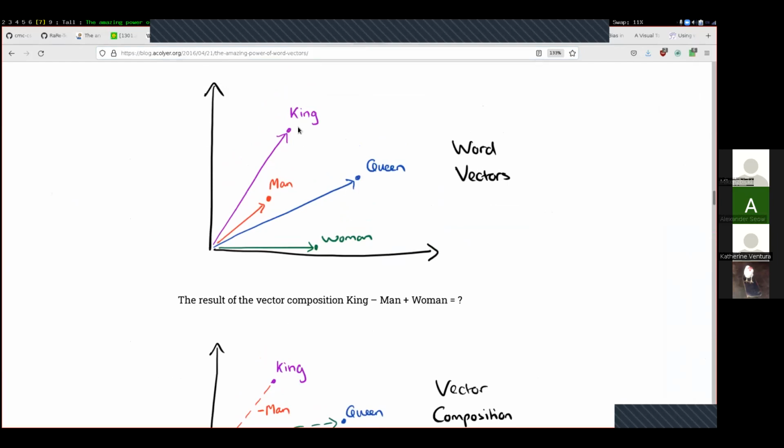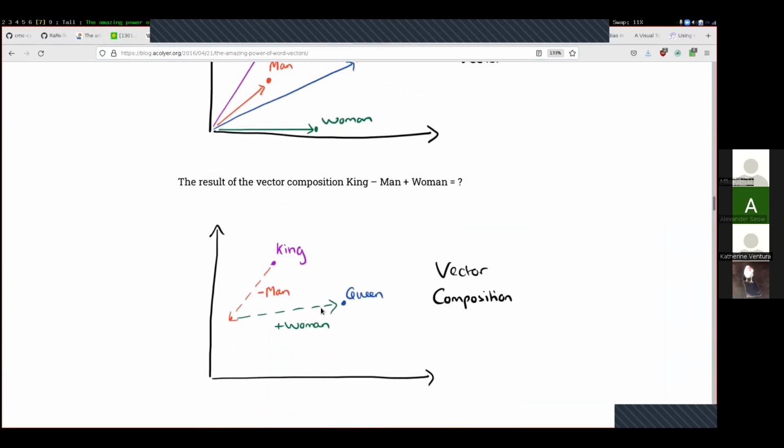Each one of these words has its own position in the space, and when you do that addition and subtraction, you get approximately to this other word over here.